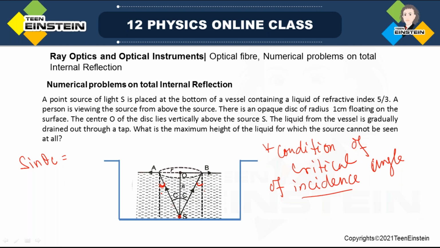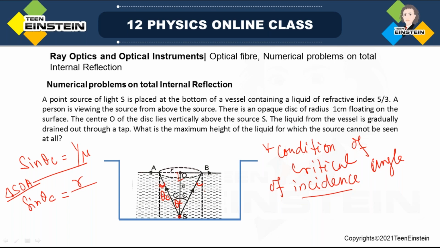Now from this, sin theta c, we know from our condition of critical angle of incidence. Now what is sin theta c? From geometry, it will be perpendicular r by the hypotenuse, this one, SA. If I just take the triangle SOA, this is a right angle triangle, this is 90 degrees, this is theta c, opposite angle.